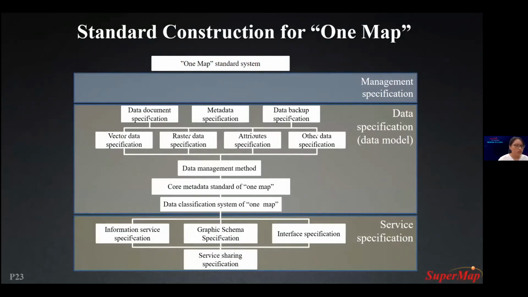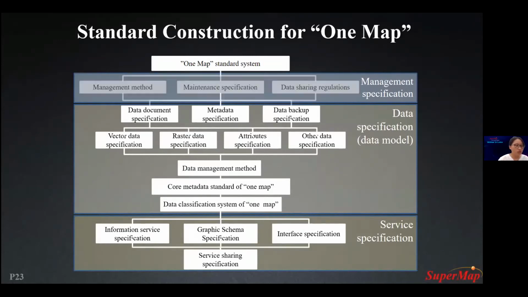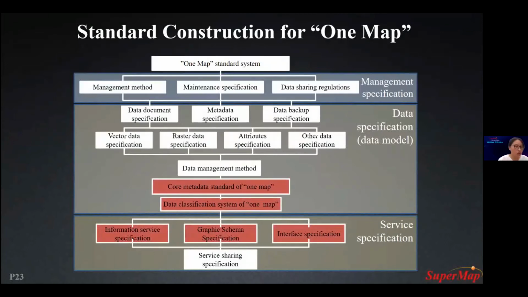Besides, the management specification can be established by creating a data document specification and a data backup specification, so as to achieve One Map standard system construction. And the core content is how to convert data to service.